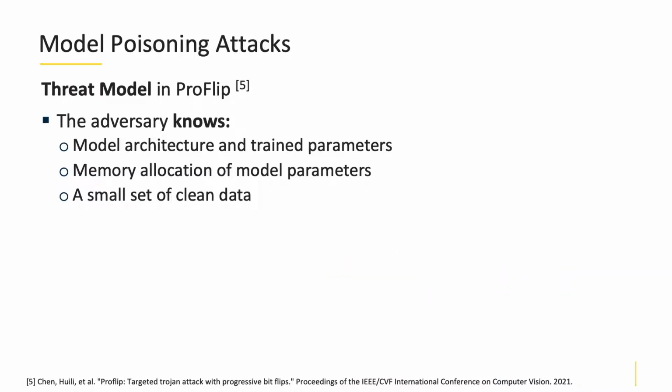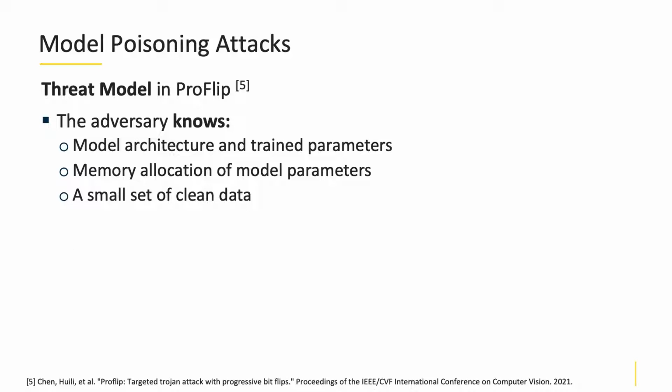The threat model in ProFlip assumes that the adversary knows the topology or the layer-wise structure of the model, and it also knows the trained weight and bias parameters of the neural network. This is basically the white box assumption.